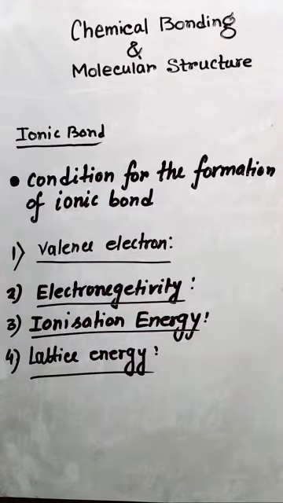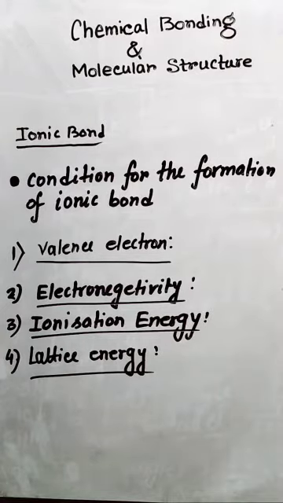So what are the conditions for the formation of ionic bond? First one is valence electron. The group 1 and group 2 metals generally react with the non-metals. If the valence electrons of a metal are 1, 2 or 3, and for non-metals the valence electrons are 5, 6 and 7, then these metals and non-metals easily react with each other.